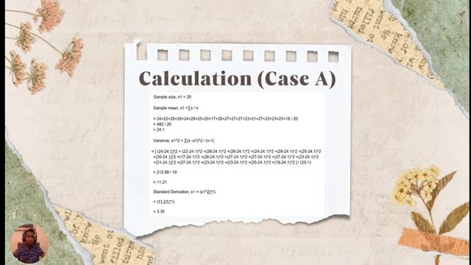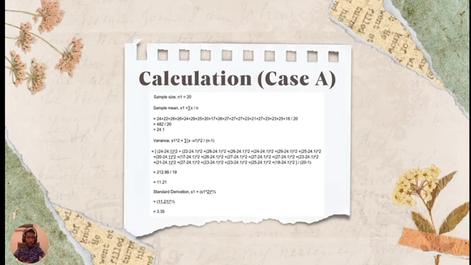The second one we need to find out is variance. As you all know, variance is a measure of dispersion that takes into account the spread of all data points in a data set. So as you can see, the variance for this case A is 212.99 divided by 19, which is 11.21.